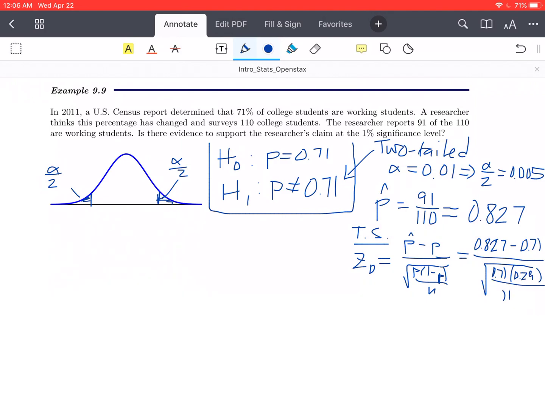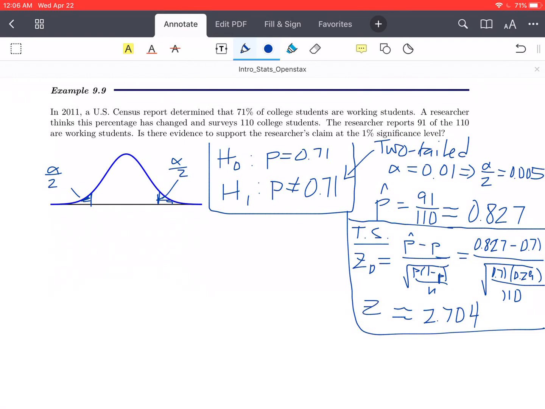His study consisted of 110 people. Run that through a calculator or through Desmos, and we're going to get 2.704 for our test statistic. That's our z naught.